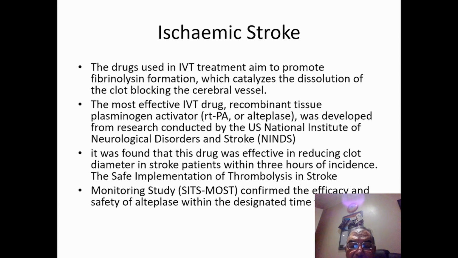The most effective is alteplase, which is rtPA, which was developed by the National Institute of Neurological Disorders and Stroke in the US, and it reduces the clot diameter and improves reperfusion if used within 3 hours of stroke.